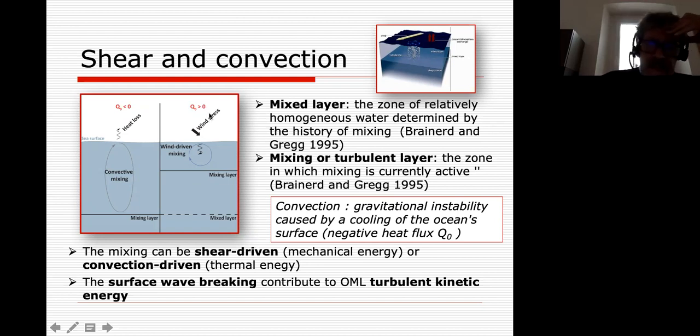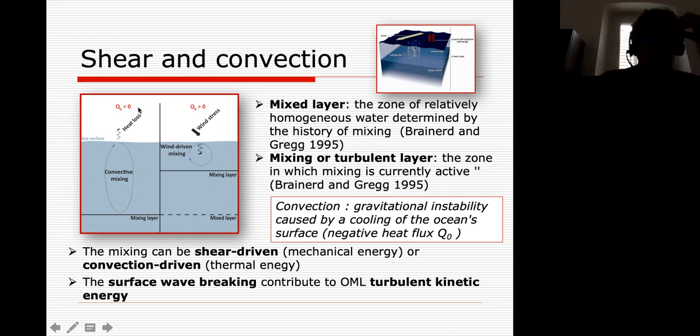So if you have a net input of solar energy or thermal energy, stratification should take place. However, the wind-driven mixing tends to homogenize the effect in the upper part. The lower part is not affected because the radiation cannot reach the deeper part.